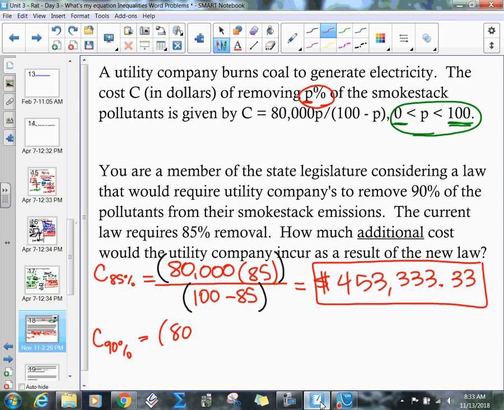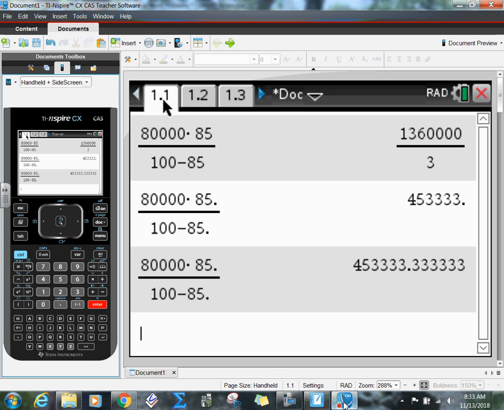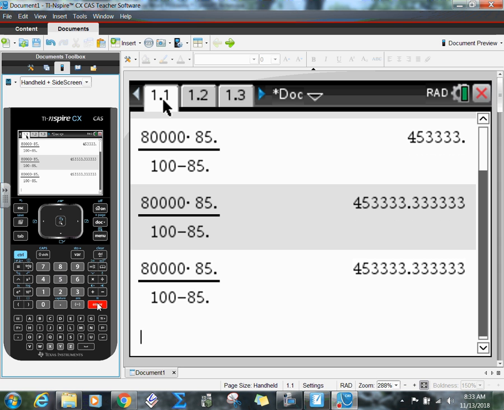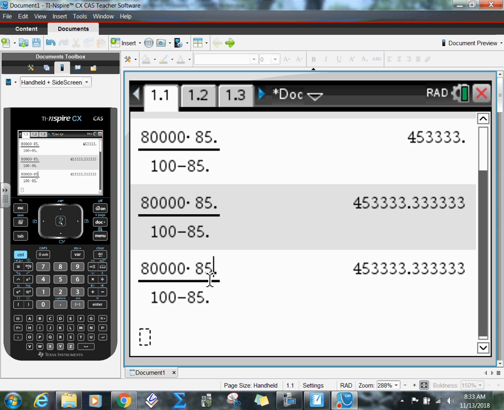Okay, I need to also find out how much it costs to remove 90%. So same function, only this time I'm typing in 90%, and I've got 100 minus 90. I'm going to delete this. Why won't it let me create? Okay, I'm having trouble.